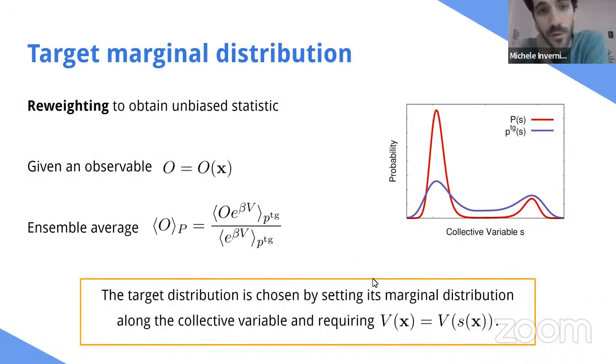So once you are able to sample this target distribution, then again, you can calculate any given observable ensemble average, for instance, in the Boltzmann ensemble, by reweighting. The target distribution is chosen by setting its marginal distribution along the collective variable and requiring that the bias potential is only a function of this collective variable.